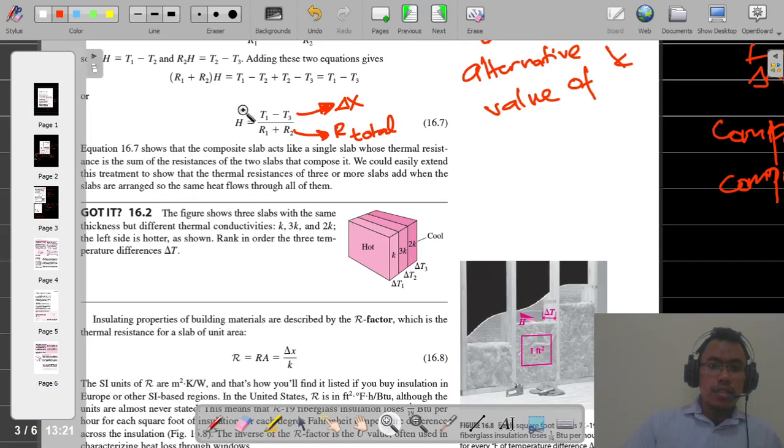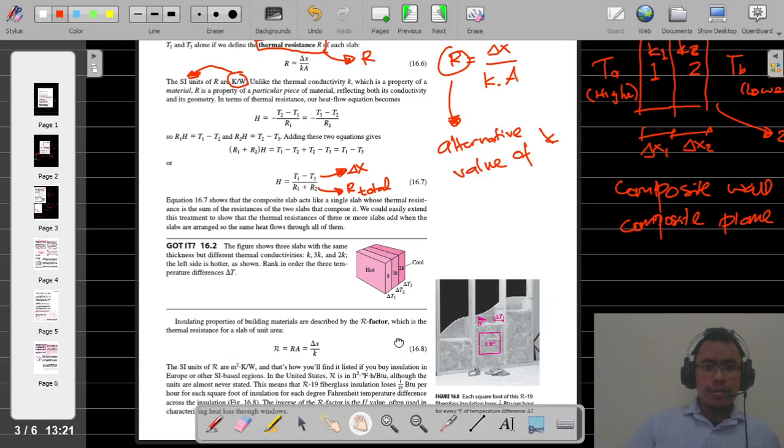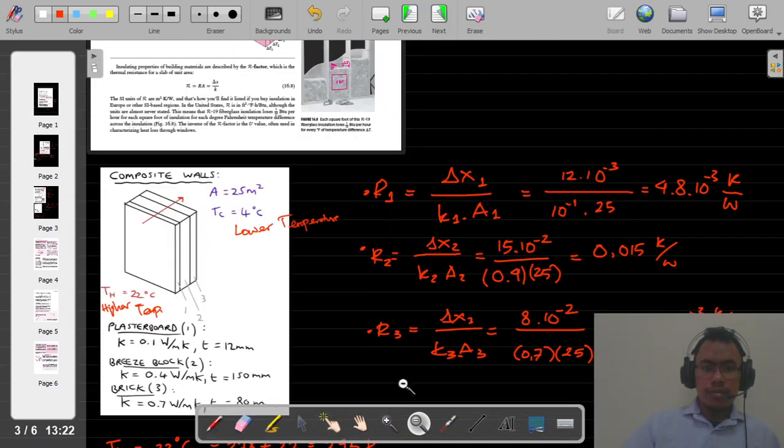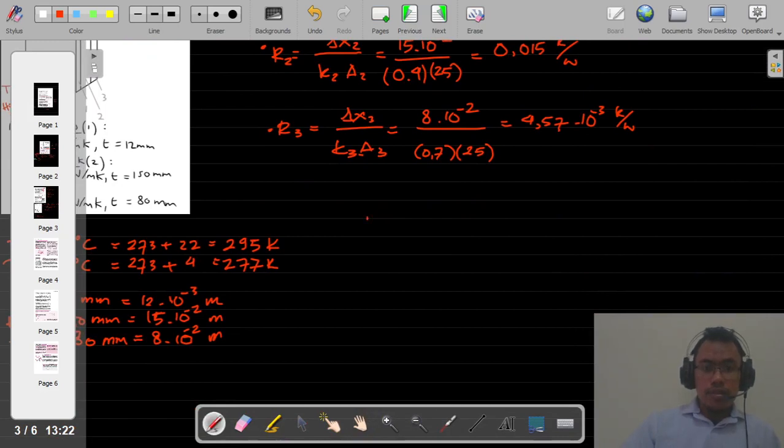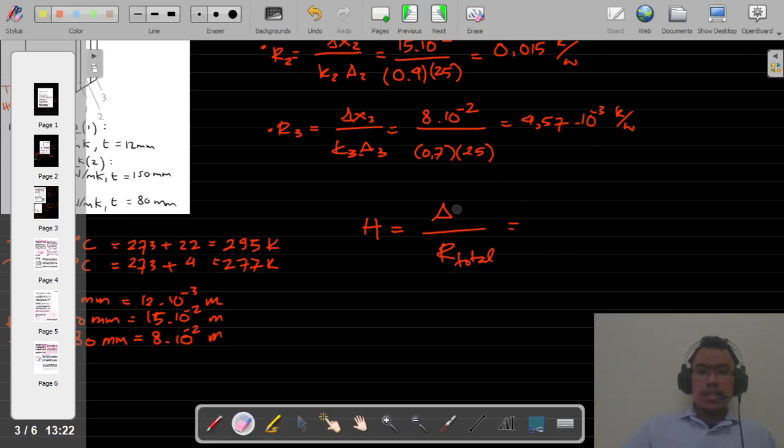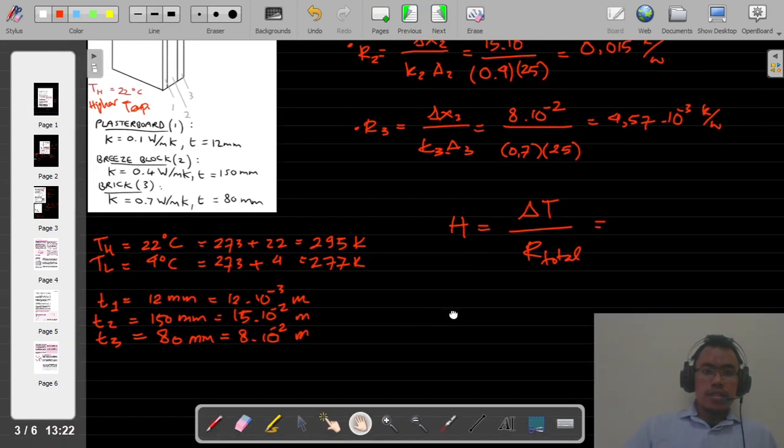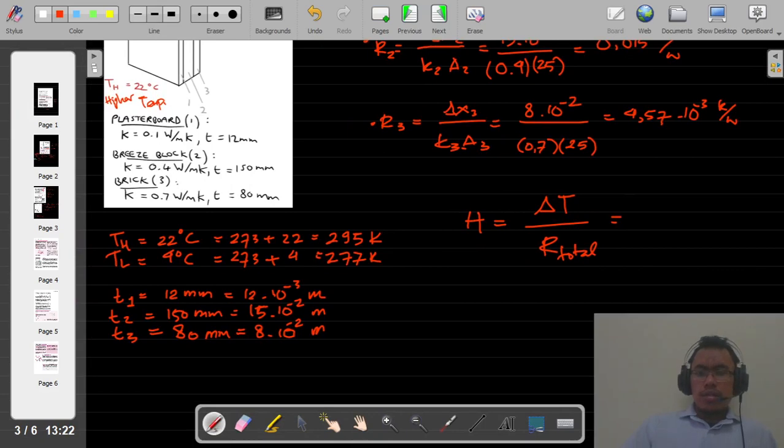So this is the H. The value of the heat transfer is delta T divided by our total, not delta X but delta T. The delta T is 295 minus 277.